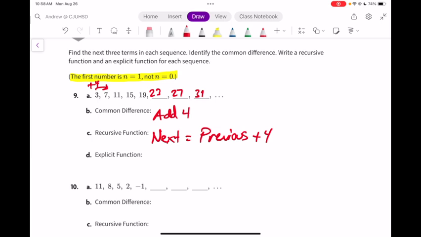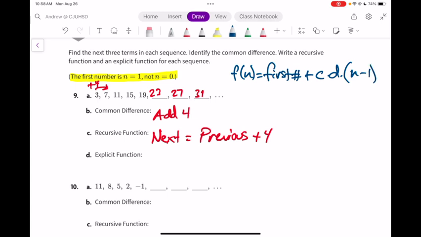The explicit function we can develop from a formula. In an earlier video, I said that the formula is that f of n in an arithmetic sequence is the first number plus the common difference times n minus 1.